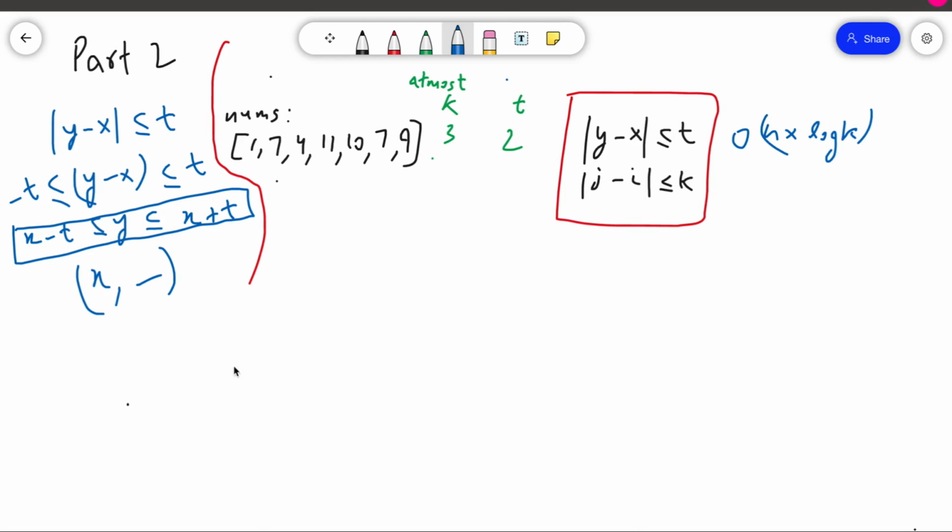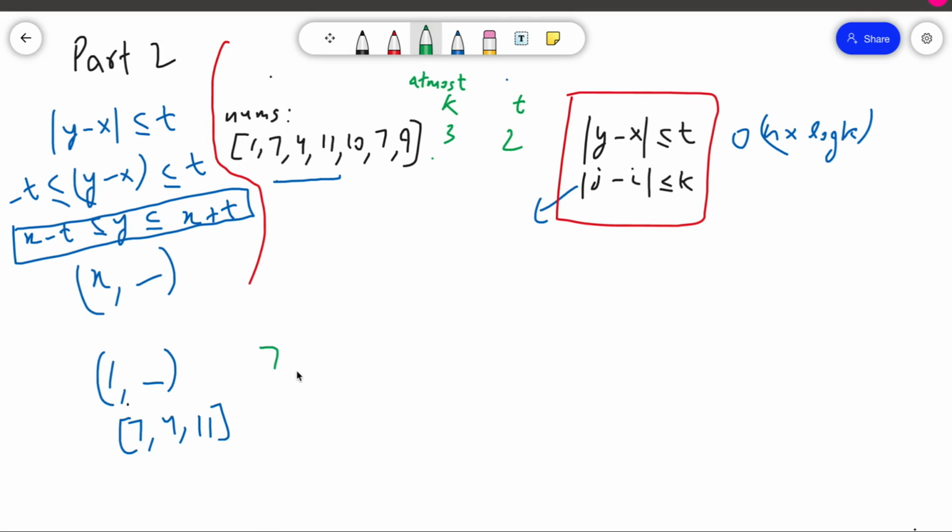So if the first number of the pair is 1, then we have to find the second number from the next k numbers, because we have to satisfy the second constraint also.